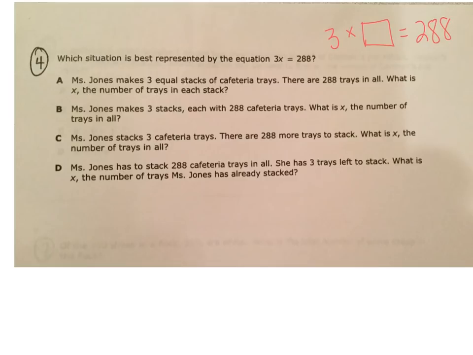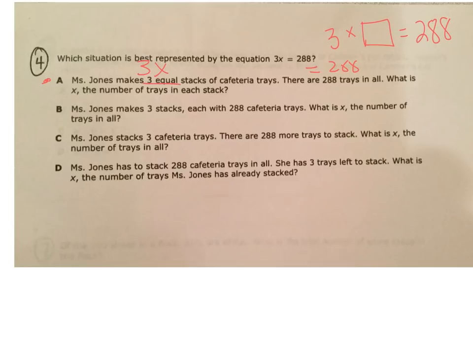A, Miss Jones makes 3 equal stacks of cafeteria trays. There are 288 trays in all, so that tells me it's equals 288. So what is X, the number of trays in each stack? Well, if they were all equal, then that could be 3 times X equals 288. This is probably our answer, but let's check the other statements to make sure.